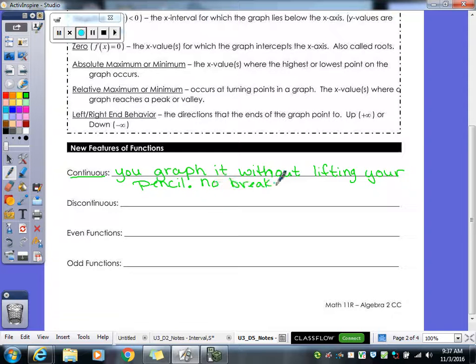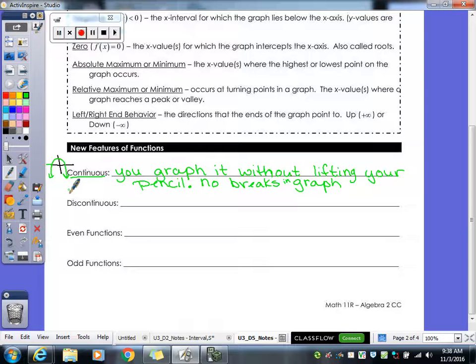That's another way some people define it. No breaks in graph, so it just continuously flows. A little example over here of a continuous graph would be like that. That is a continuous graph. I was able to draw the whole thing without taking my pencil off of the paper.